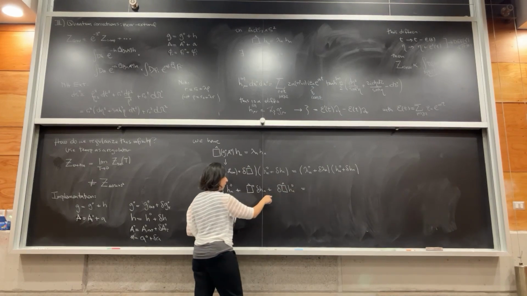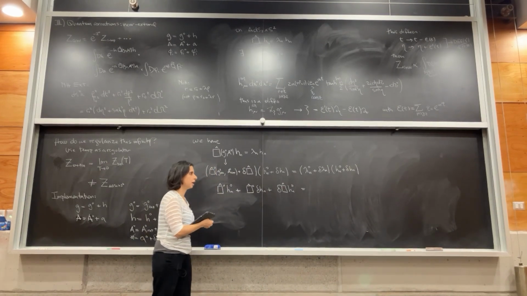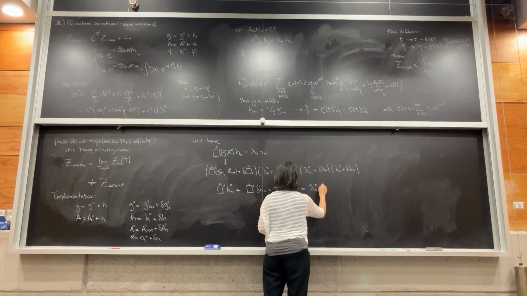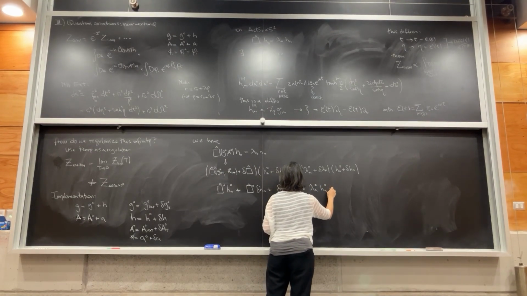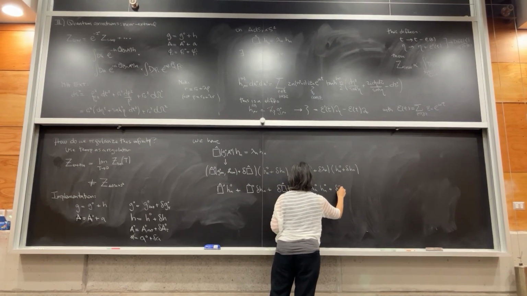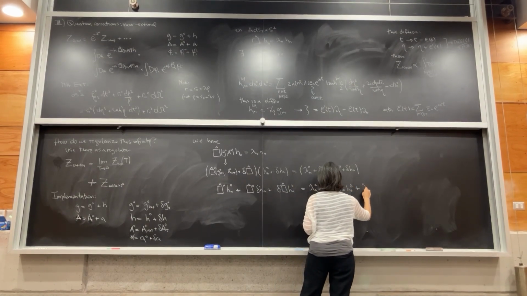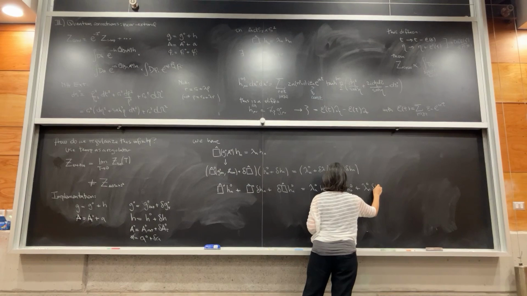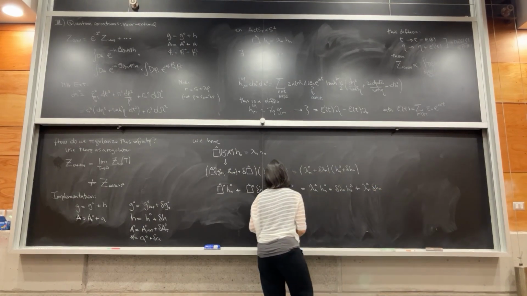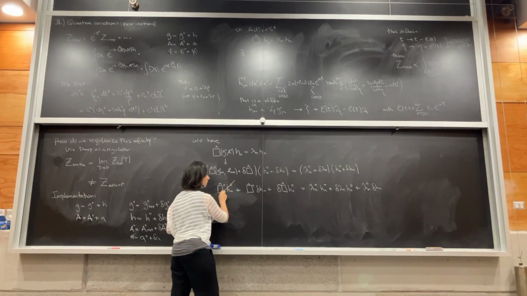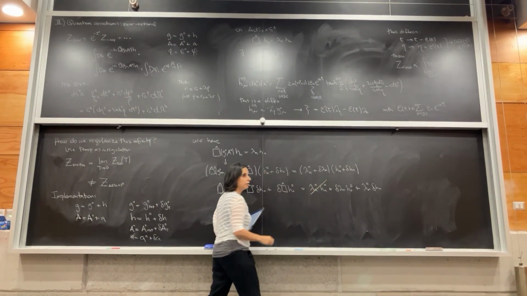I'm ignoring anything quadratic in the change. And then you have lambda n0 times Hn0, plus delta lambda n times Hn0, and then plus lambda n0 times delta Hn, to leading order. Now, this, of course, cancels this by definition.